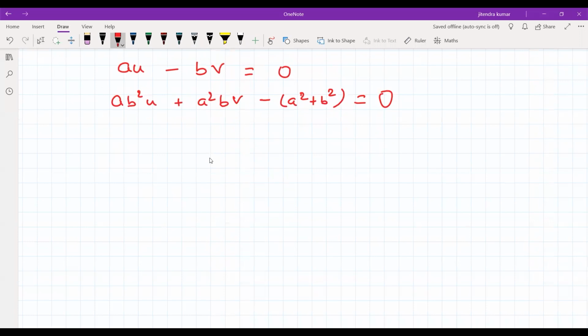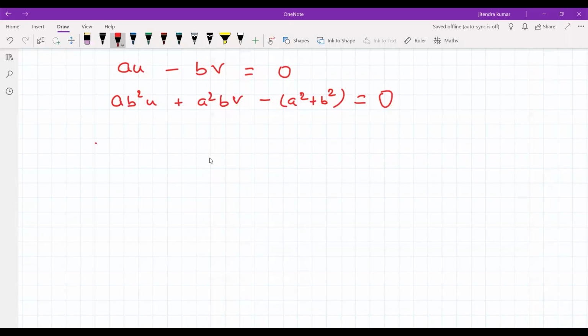In this case, I think all of you are clear with your a1, a2, b1, b2 and c1, c2. So a1 is a here, a2 is ab square, b1 is minus b, b2 is a square b, c1 is 0 here, and c2 is minus (a square plus b square). Okay, so let's apply the cross multiplication method.